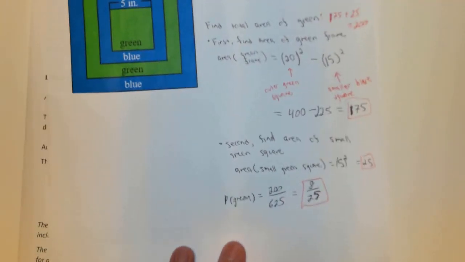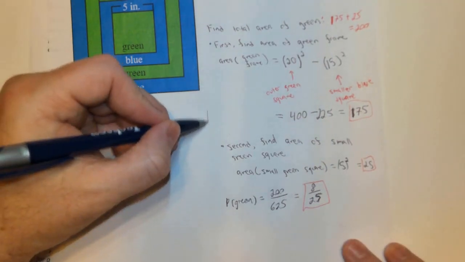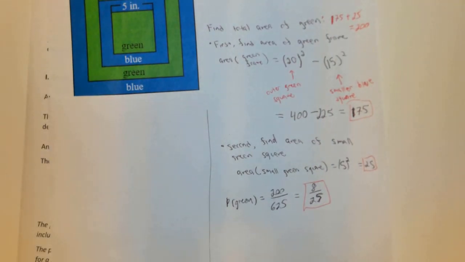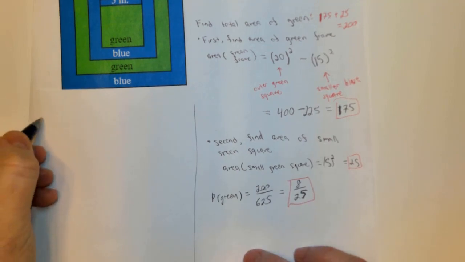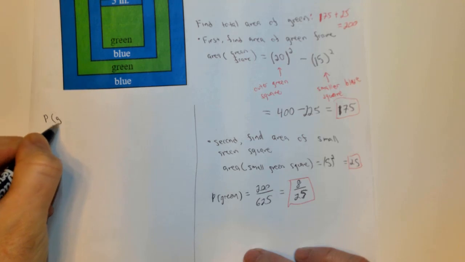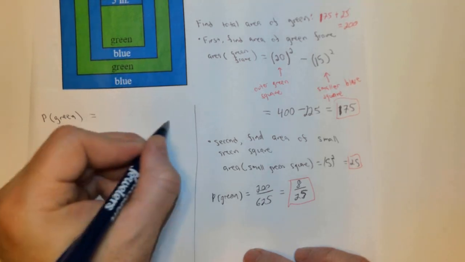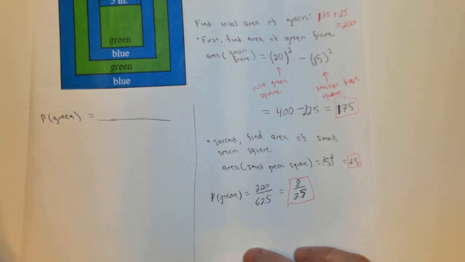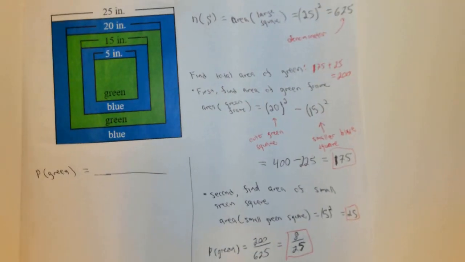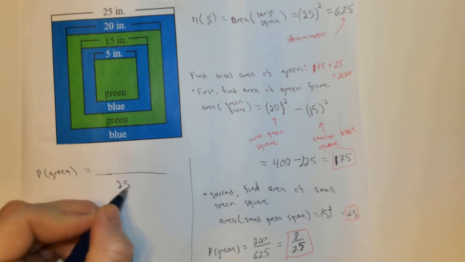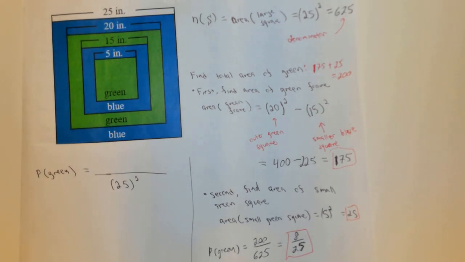All right, so let me show you a bit of a shortcut on this one. What I mean by shortcut is, let's see, so probability of green, it's always going to be the green stuff. Whatever is the large square is the denominator.